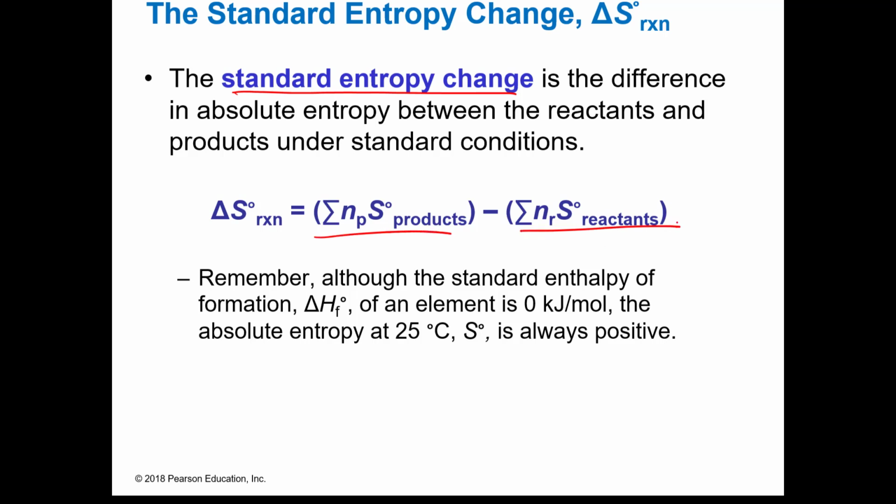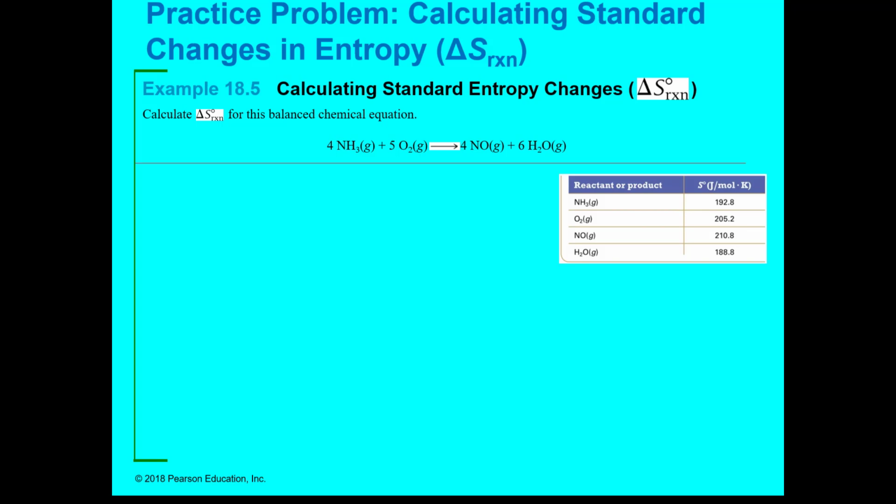And this is worked exactly like we saw with delta H, but the absolute entropy of anything is always positive. So you're not going to have zeros like you did in the enthalpy for elemental state things. Everything is going to have entropy, and it's all going to be positive.